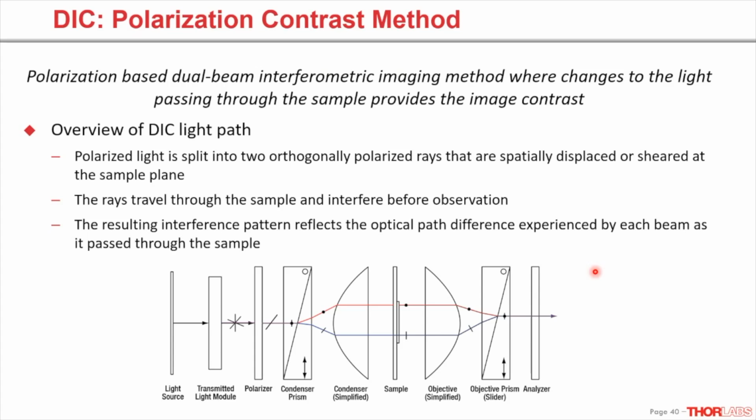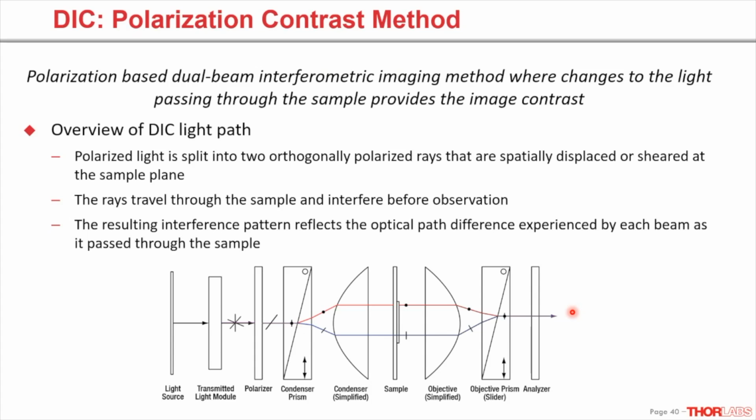Polarized light is split into two orthogonally polarized rays that are spatially displaced or sheared at the sample plane. The rays travel through the sample and actually interfere before observation, and the resulting interference pattern reflects the optical path differences experienced by each of these beams as they pass through the sample.